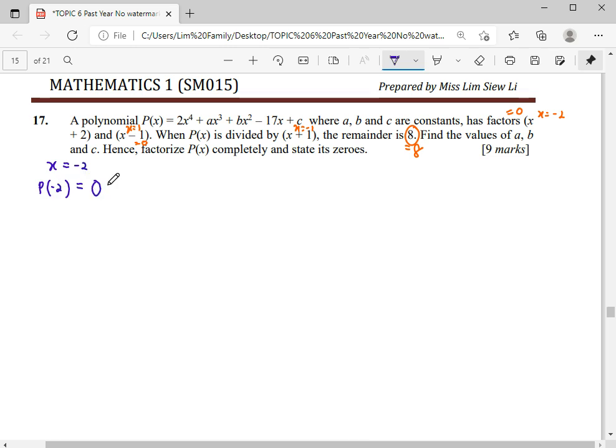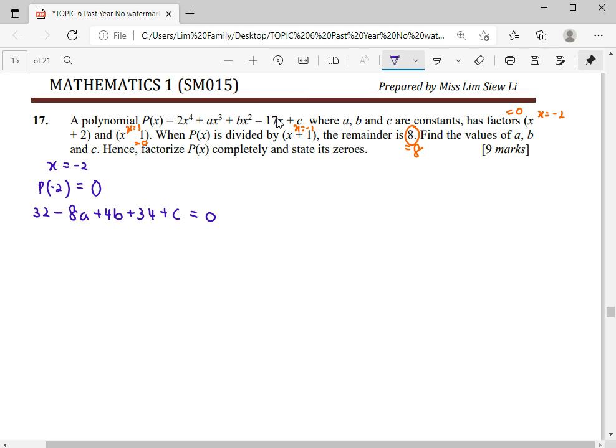So this is our factor theorem, P(x) equals 0. Then only we substitute our value negative 2 into the equation here. It will be 32, minus, substitute here, negative 2 cubed becomes 8, and then negative 2 squared becomes 4, and then here negative 2 will become positive, 34 plus c, which equals 0.